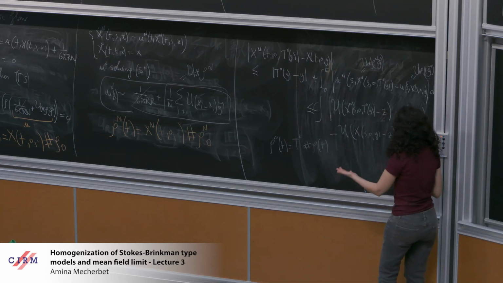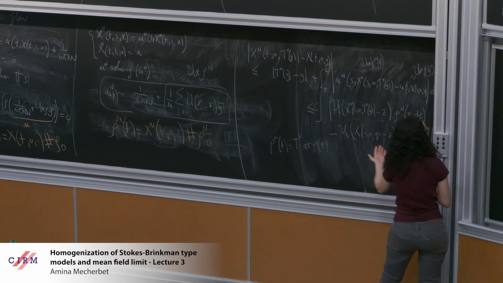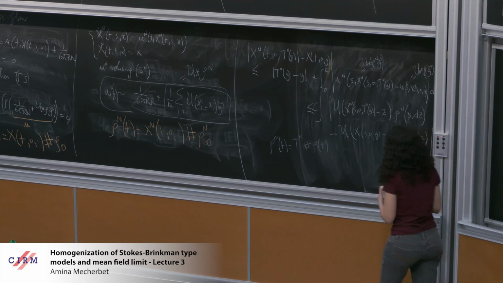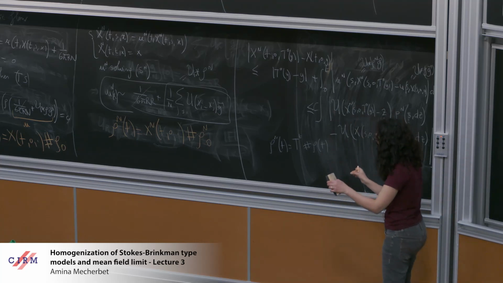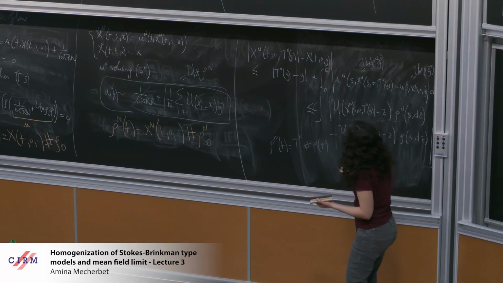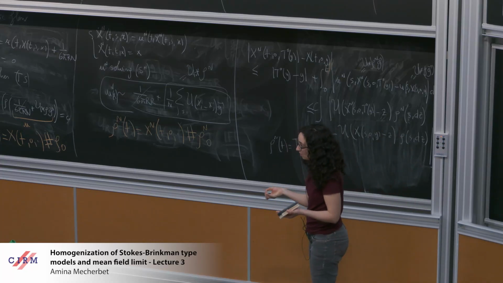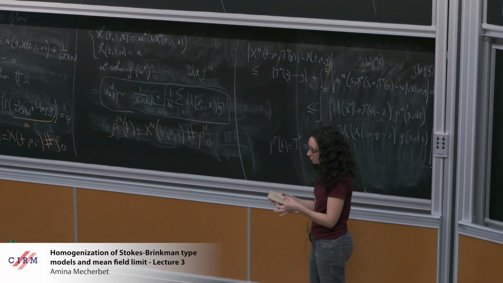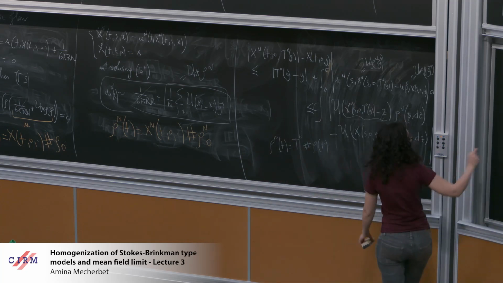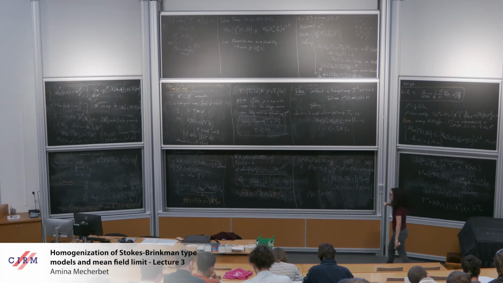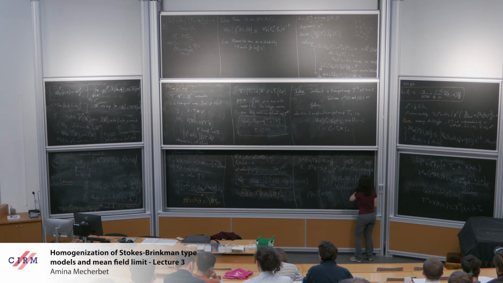And so at the end of the day, you need somehow to control the difference between the kernels evaluated at two positions, and you need somehow to take into account the fact that this kernel is singular. So when the positions get too close, the thing which will appear, I mean, exactly as in the computation that I showed to you before. So if you look at where is z, z is in the support of rho n.